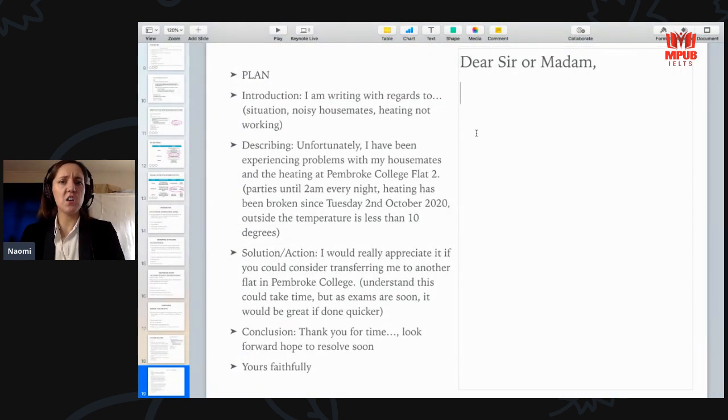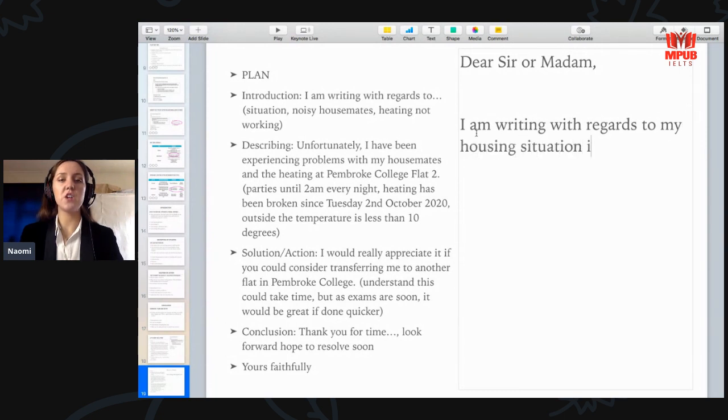Don't have to work too hard because it's already in my plan. That is good planning. I am writing with regards to my housing situation in Pembroke College, flat 2. Very good.